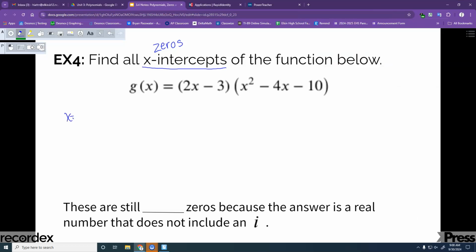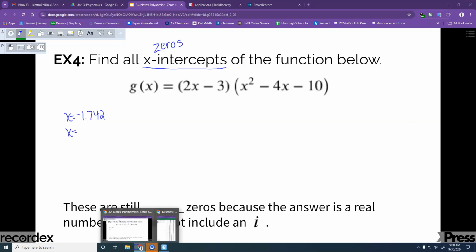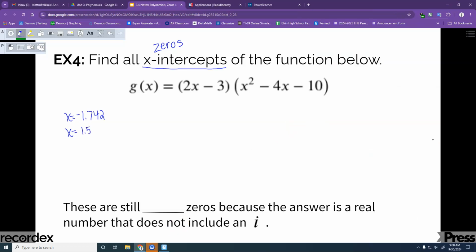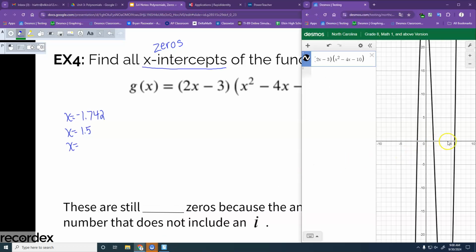So x equals negative 1.742. They're going to be at 1.5. And 5.742.